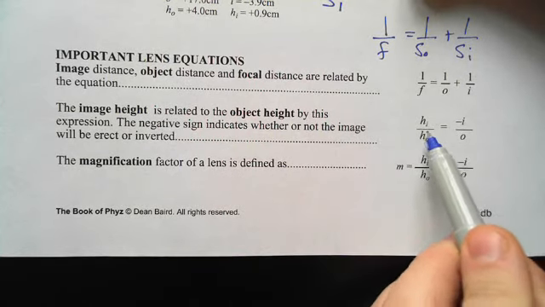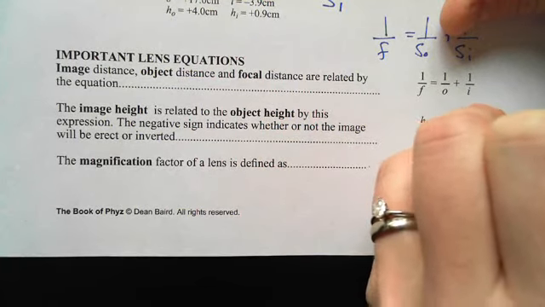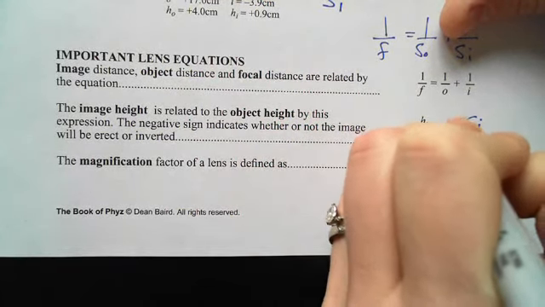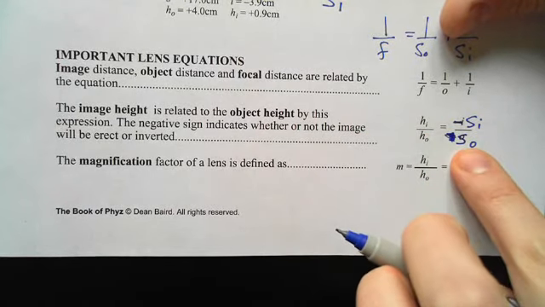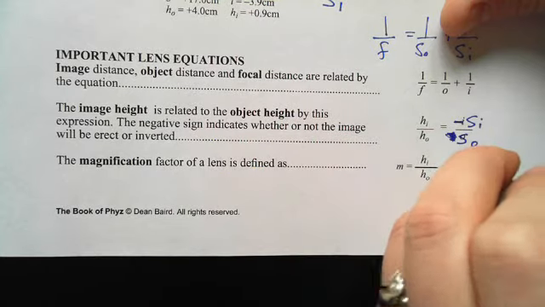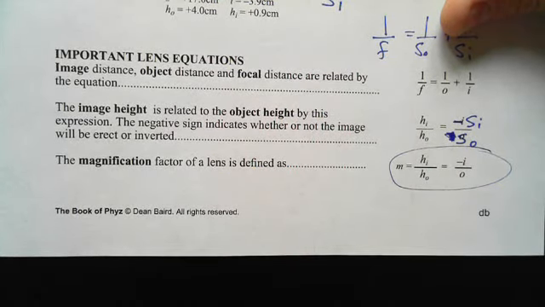And you can relate the image height and object height to the distance. So we're going to call this s_i and s_o. It's positive, sorry. It's positive. So negative s_i over s_o. And magnification. We'll talk more about that in just a second about what that means.